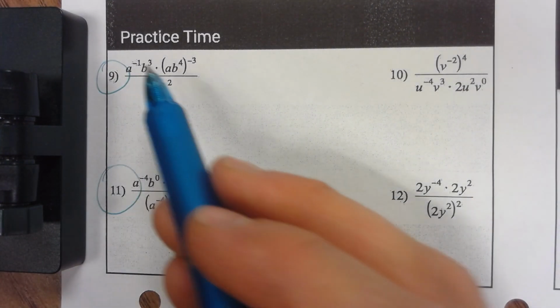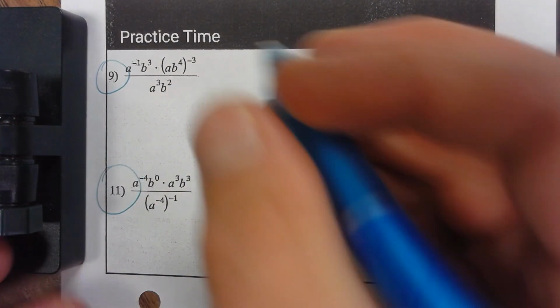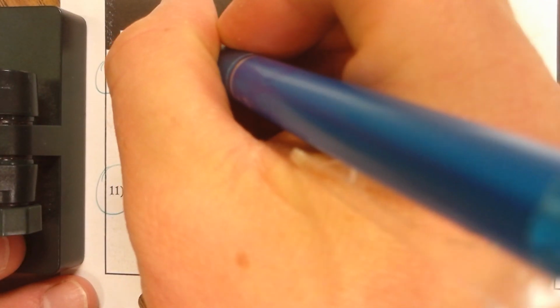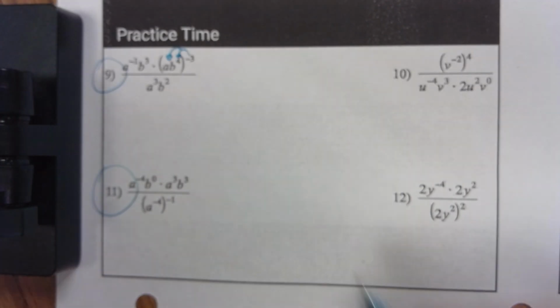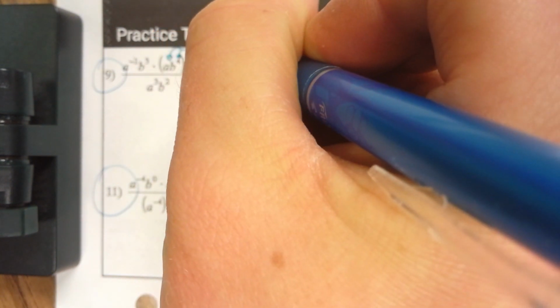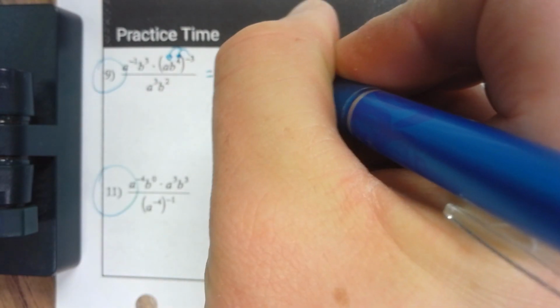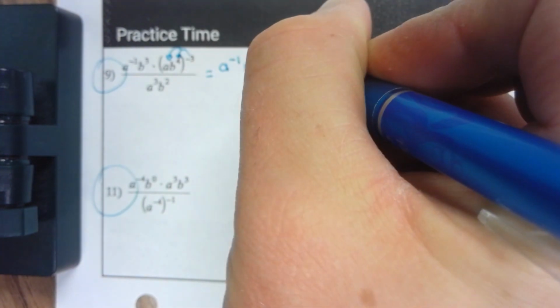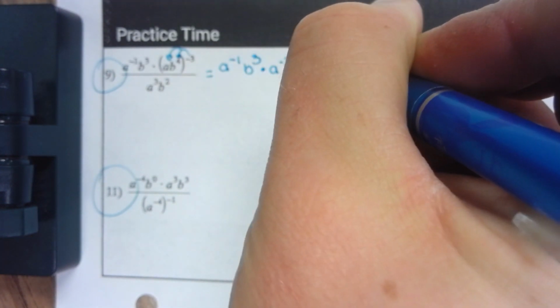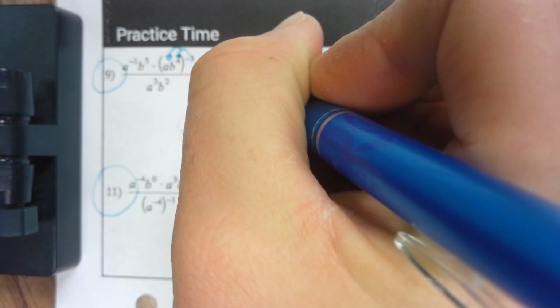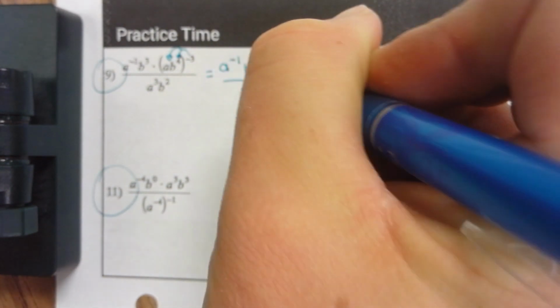Okay, right now I don't really have much simplifying I can do, so I'm going to multiply these exponents where I have this exponent raised to another exponent, making that a to the negative 1, b cubed times a to the negative 3 times b to the negative 12, still divided by a cubed and b squared.